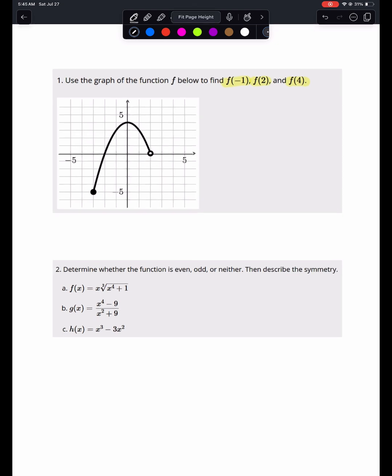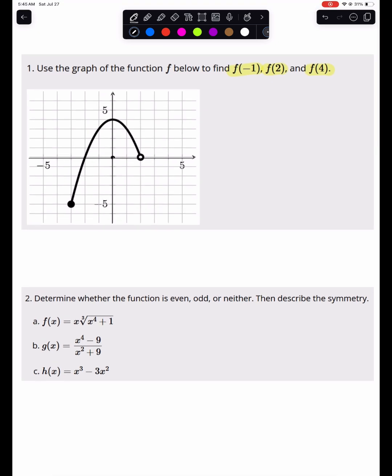Okay. So the origin's about right here. Okay. So you want f of -1. So we'll do this is -1. Okay. I have an f of 2, which is right here. And an f of 4, which is over here.